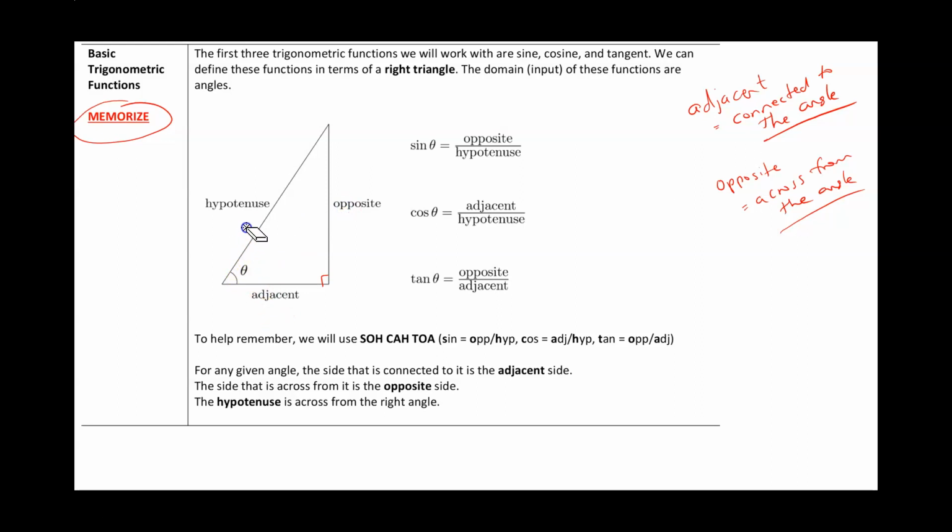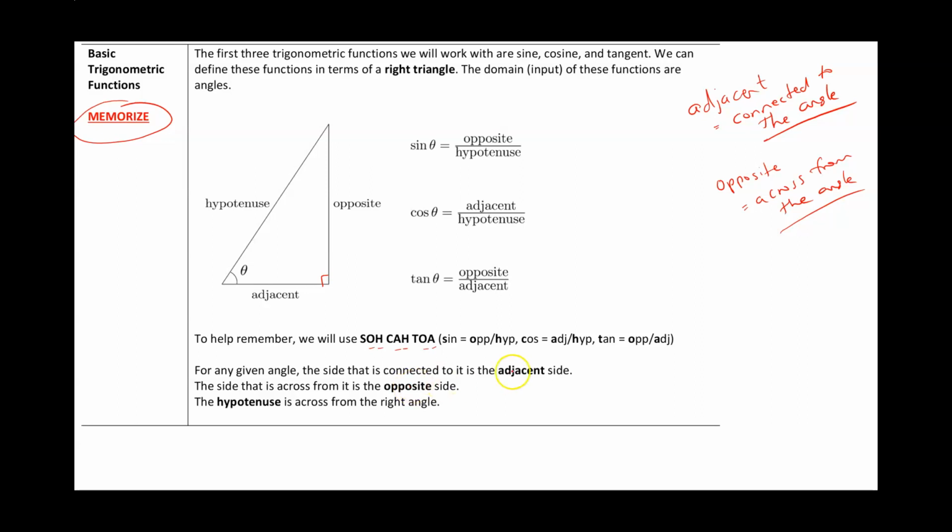And tangent is the ratio of the opposite side divided by the adjacent side. To help us remember this, we're going to use something called SOH CAH TOA. Sine is opposite over hypotenuse, cosine is adjacent over hypotenuse, tangent is opposite over adjacent. If you ever forget this on a test, just write SOH CAH TOA, and you'll have all the ratios right there.